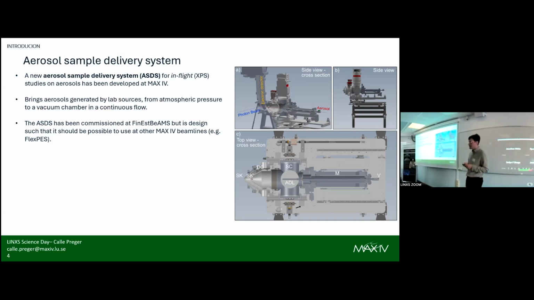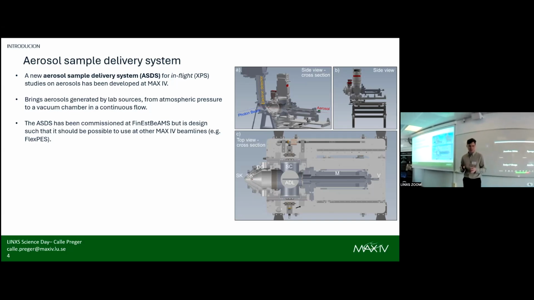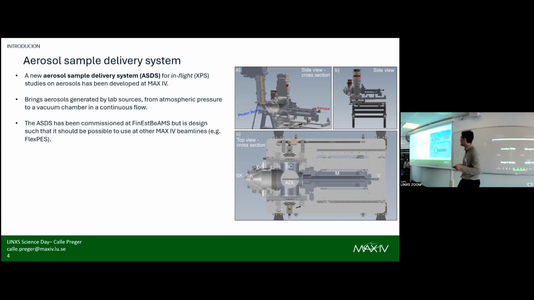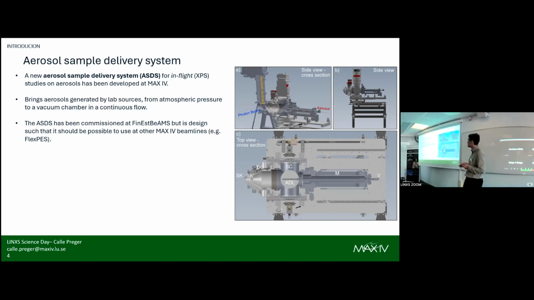The main challenge here is to bring the aerosol from atmospheric pressure to high vacuum in a continuous flow. The idea is that any users can bring their own aerosol generator and place it just before our sample delivery system, and then the aerosol particles are let into the system.